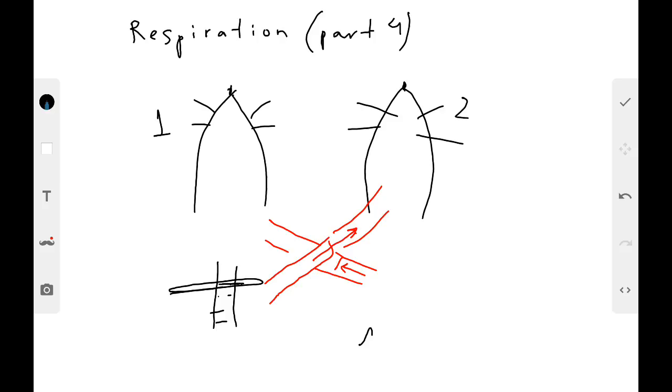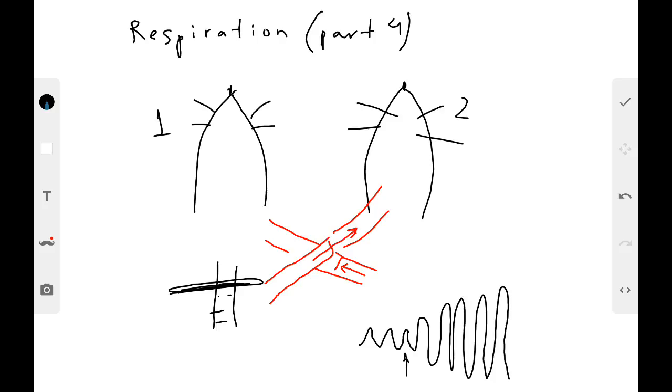This is the normal ventilation of dog 2, and after the trachea was clamped, the second dog's respiration increased. So it was hyperventilation.